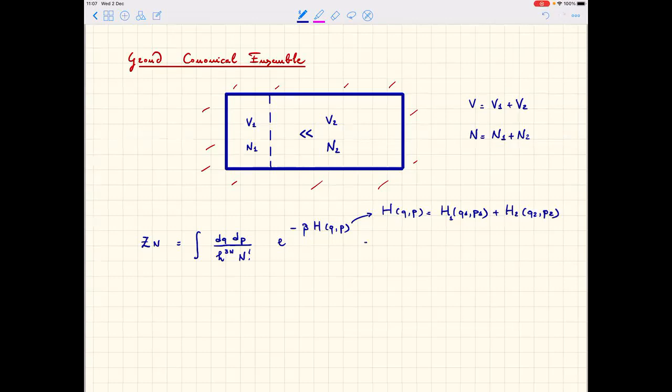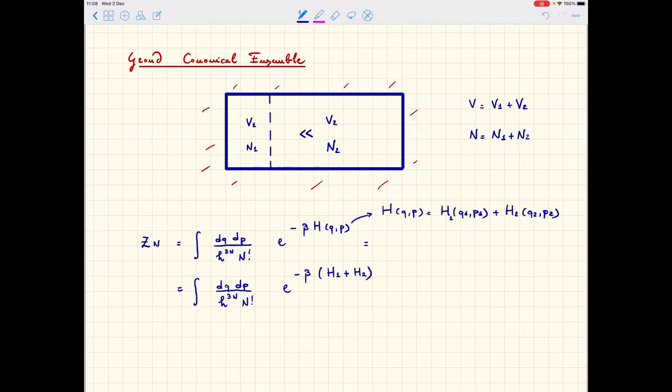So in practice, we can rewrite this as the integral dq dp over h to the 3N N factorial e to the minus beta (H1 plus H2).